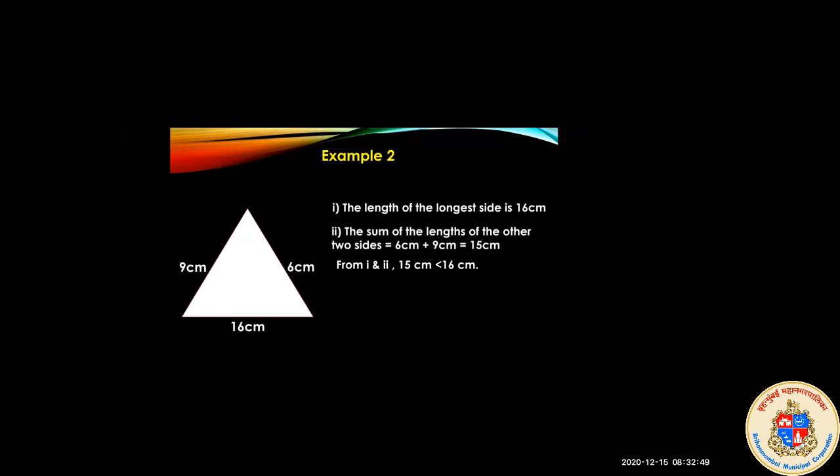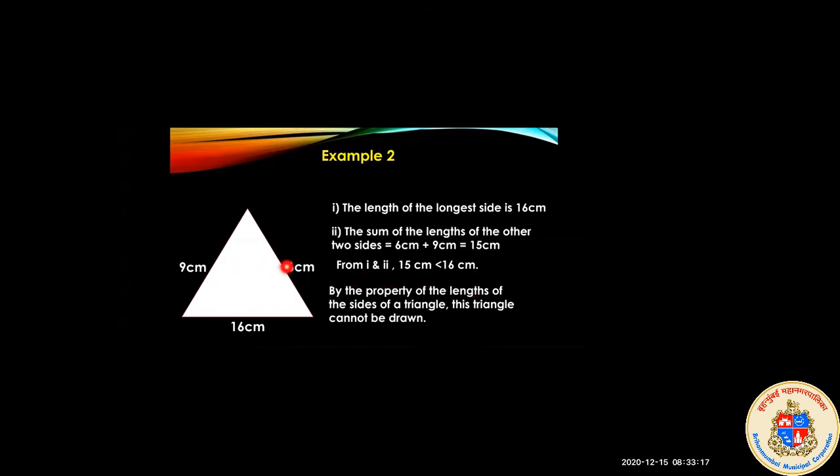If the other two sides of a triangle is less than the third side... No, yes, very good. You cannot draw because what is the property? The other two sides should be greater than the third side. So by the property of the length of the sides of a triangle, this triangle cannot be drawn.